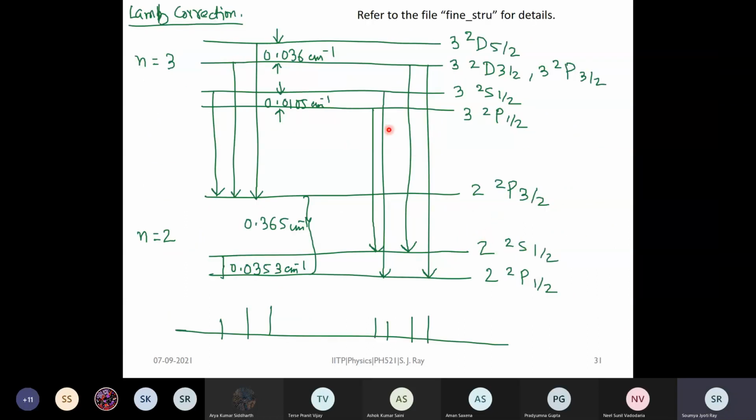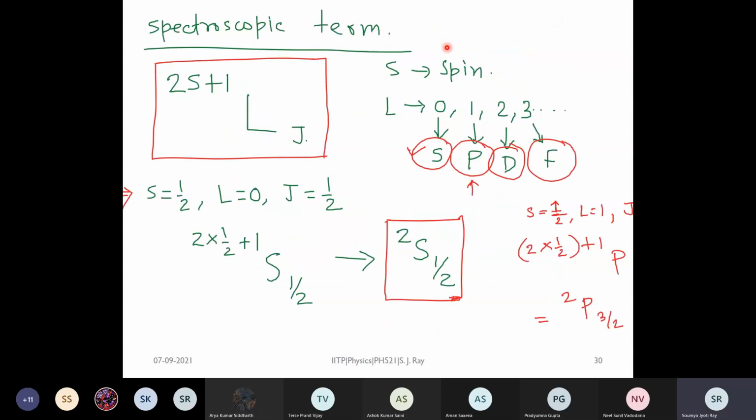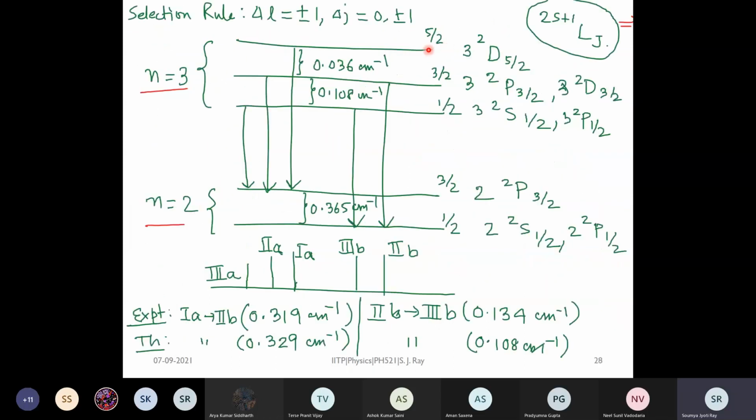After the Lamb correction, these energy levels are redrawn in a different manner. They are slightly split. Earlier for n equal to 3, we had 3 levels, that is 5/2, 3/2, and half.